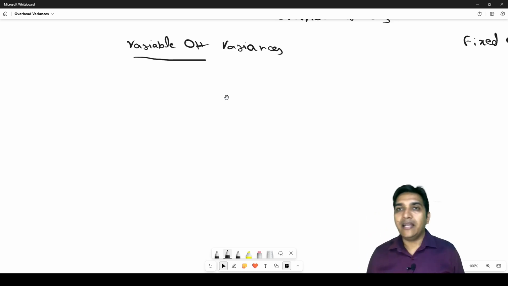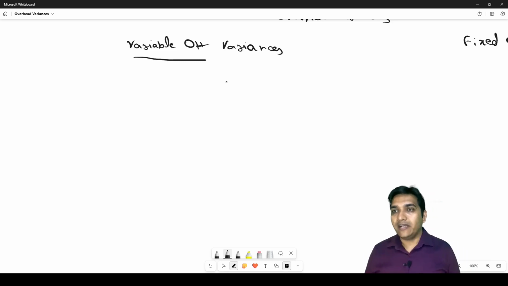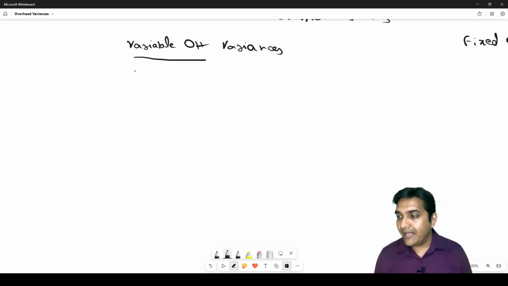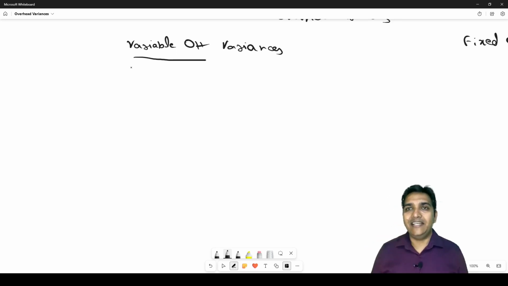The formula to calculate variable overhead variances is very similar to labor variances. However, there is a slight change.